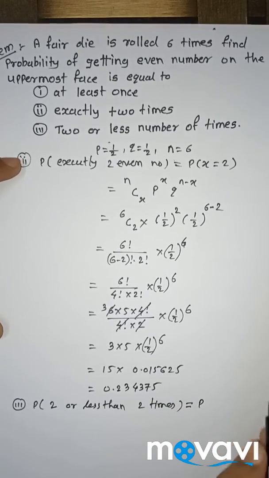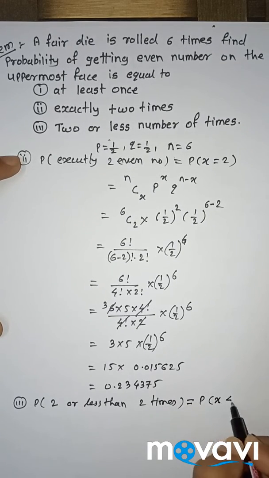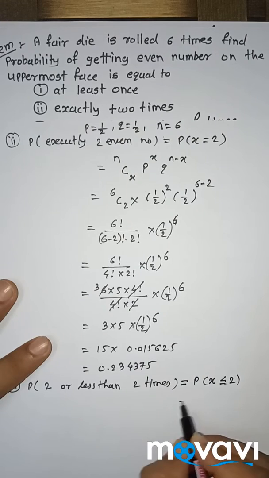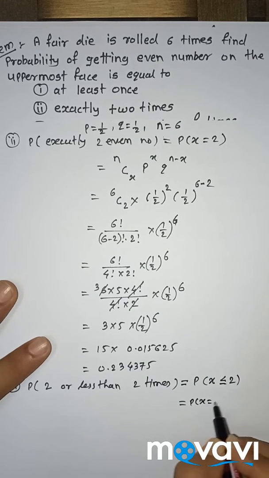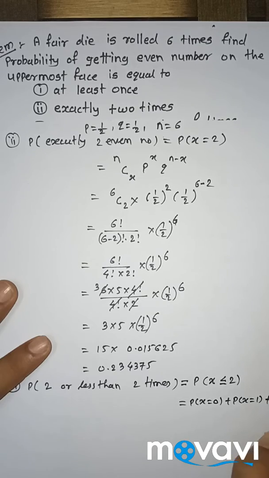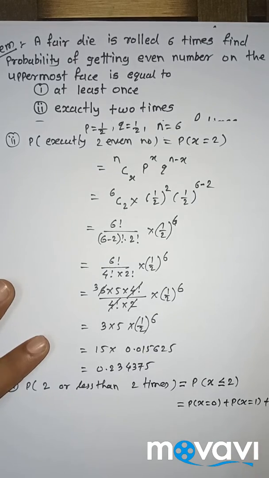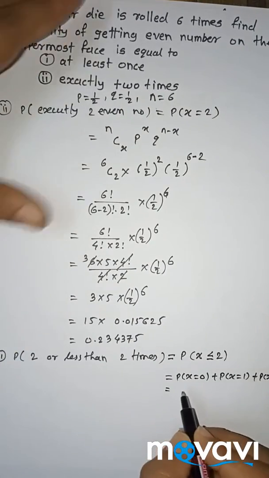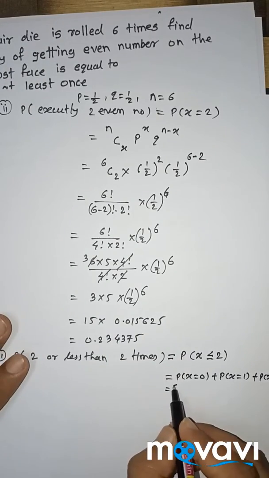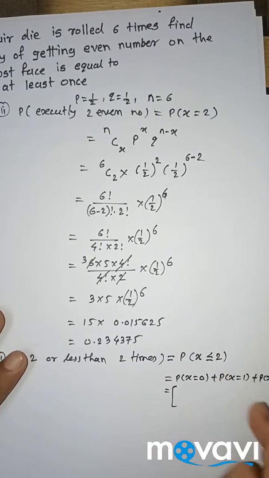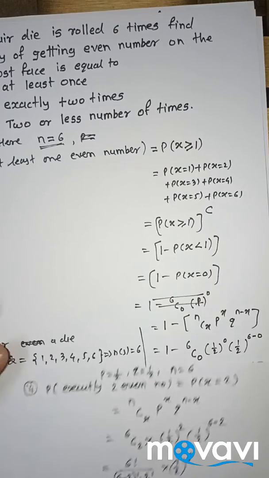Third, probability of 2 or less than 2 times an even number occurring on the uppermost face. This is equal to probability of x less than or equal to 2. This is equal to probability of x equal to 0 plus probability of x equal to 1 plus probability of x equal to 2. Already we have calculated probability of x equal to 0.